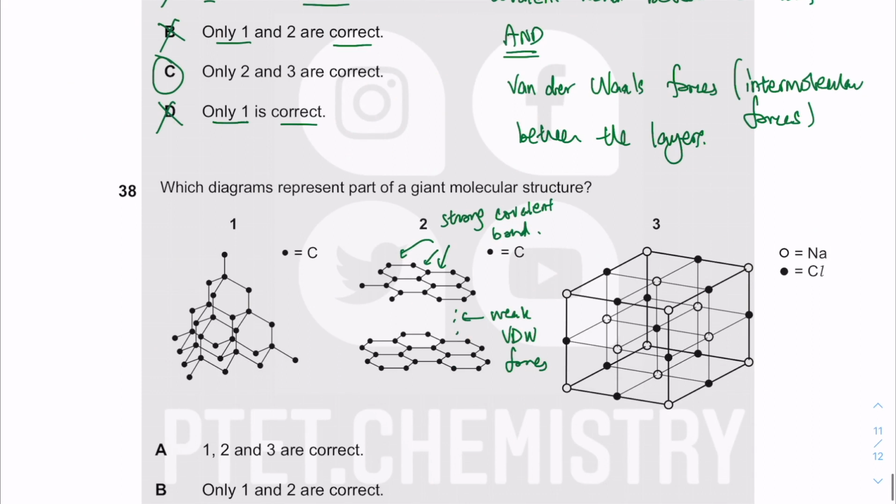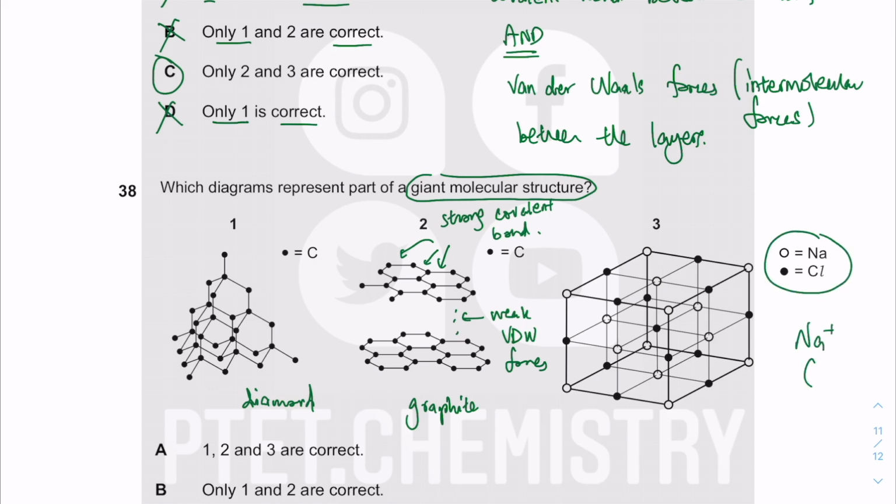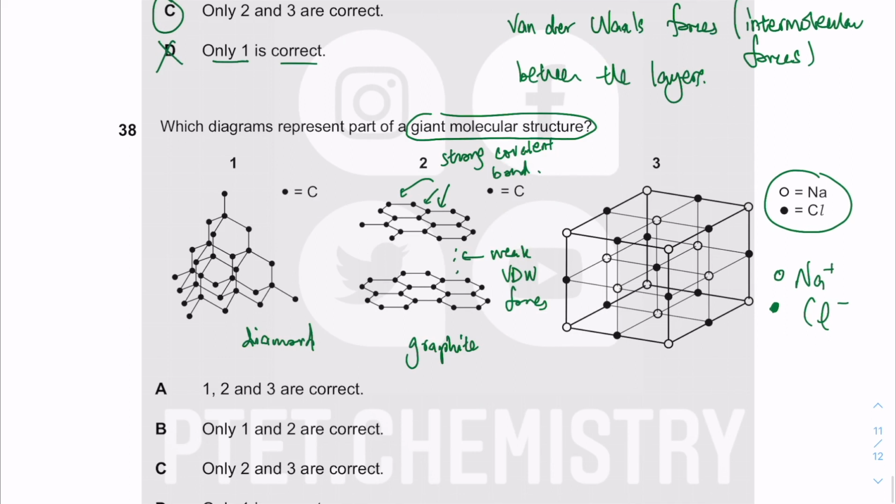38, which one represents part of a giant molecular structure? As I mentioned, this one is graphite, this one is diamond, and the last one, they don't tell you, but it's actually Na+ and Cl-. Because you should know, metal, non-metal, alternating cations and anions, then you have strong ionic bonds. These are not ionic bonds because ionic bonds are uncountable.